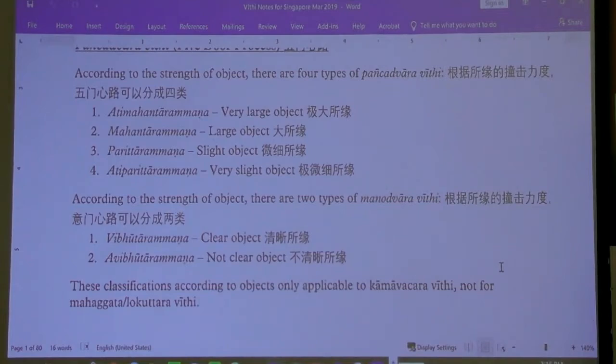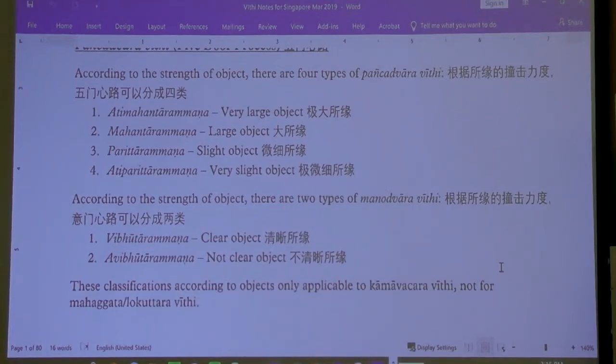According to the English meaning, clear and not clear are very common words. Clear means you can see clearly. Not clear means maybe some blockage or some reason. But that is not the exact meaning here.